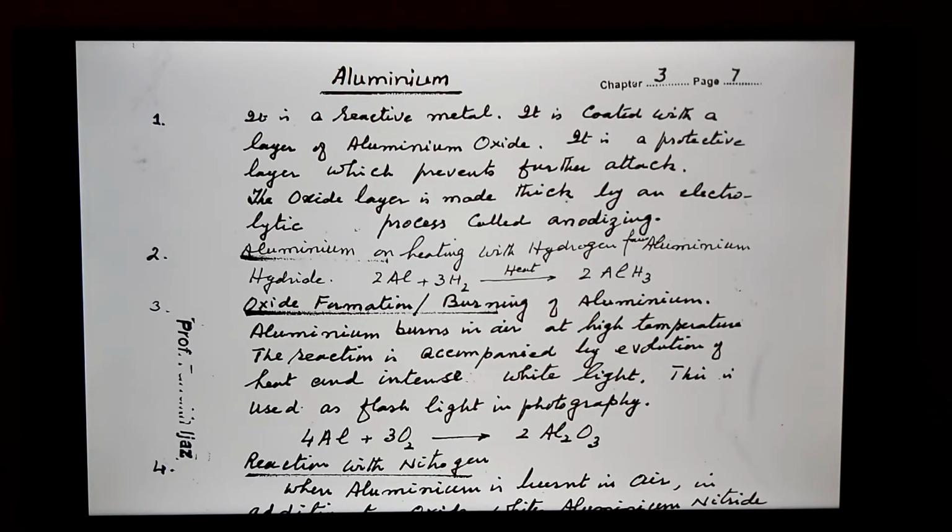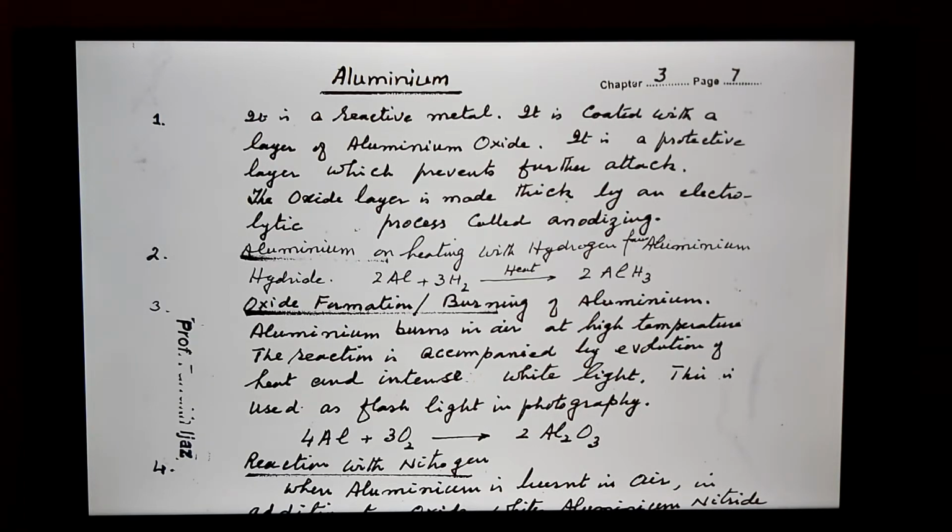Third, oxide formation, burning of aluminium. Aluminium burns in air at high temperature. The reaction is accompanied by evolution of heat. It is a highly exothermic reaction. A large amount of heat is liberated, accompanied by intense white light.